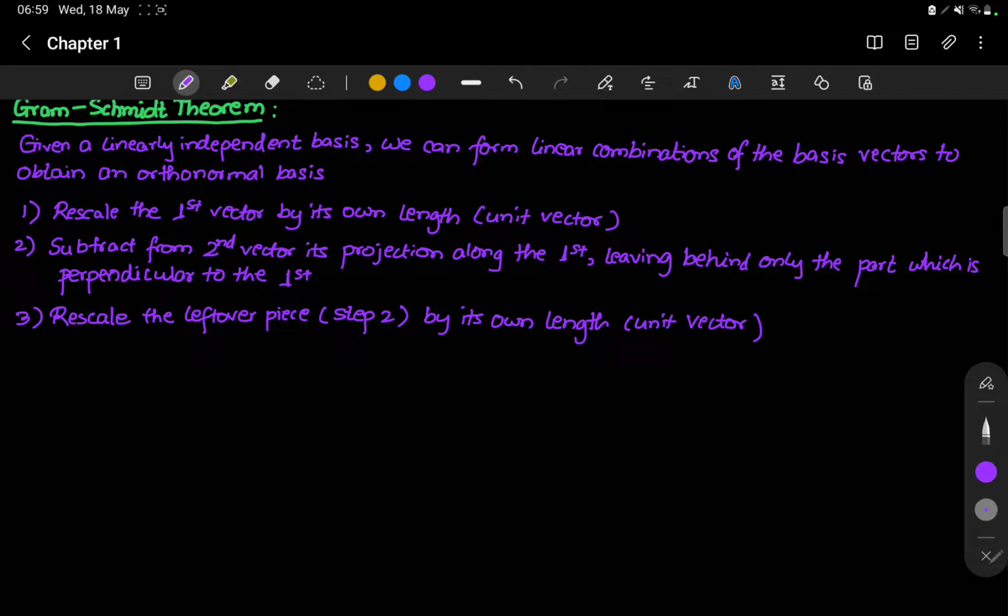Then whatever is left, we rescale or normalize. This is the third step, and then we repeat this procedure for all the other vectors. For example, we take the third vector and subtract its projection along the first and the second vector.